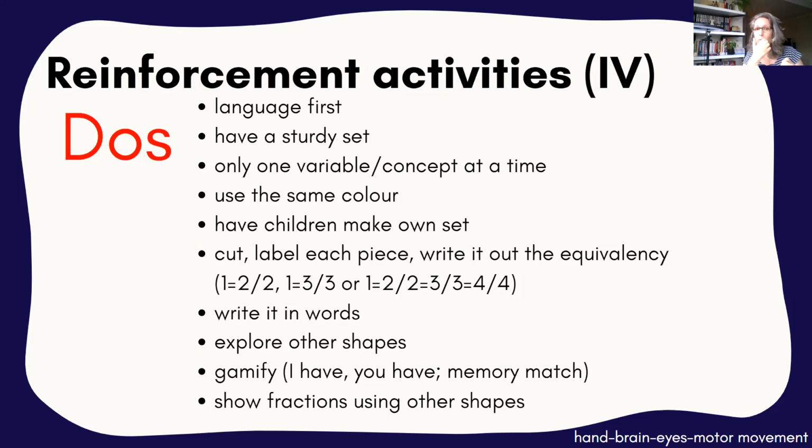And the next point is have only one variable and concept at a time. So you've noticed that all my fractions are red, and I will keep them like that for a long time. And the reason being is that if they're not all the same color, so we're varying the color now, we're adding a second variable, it can become a matching exercise.